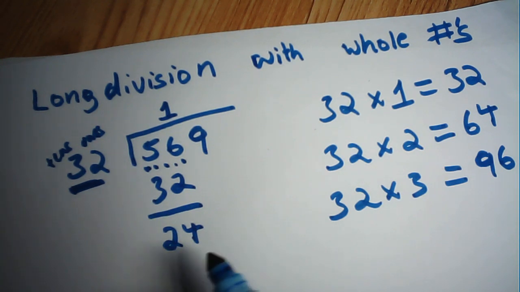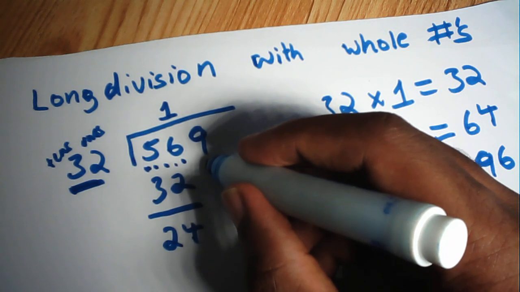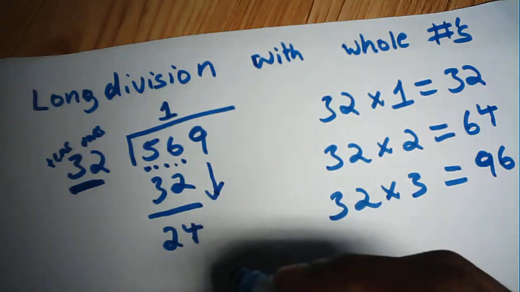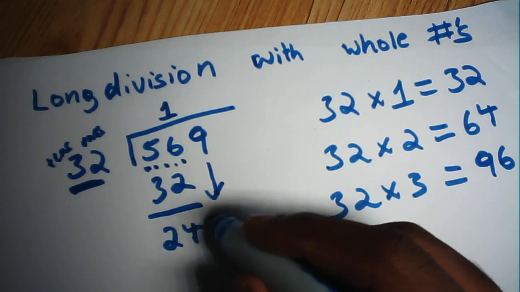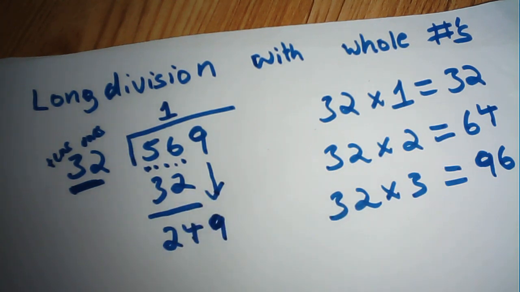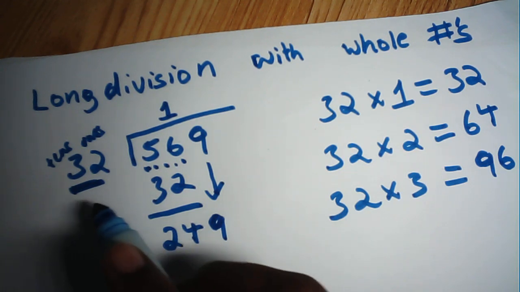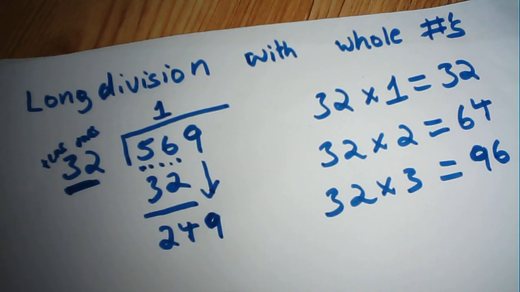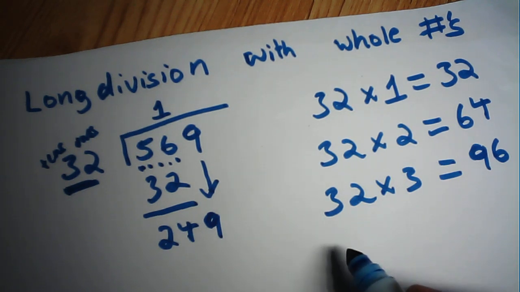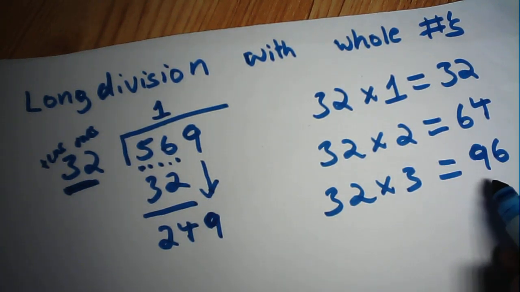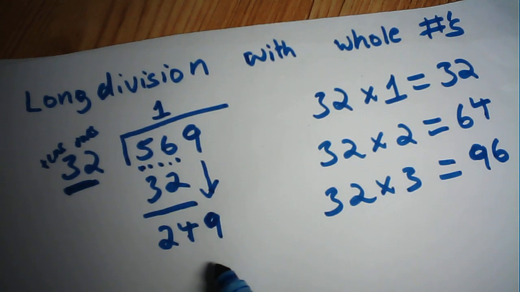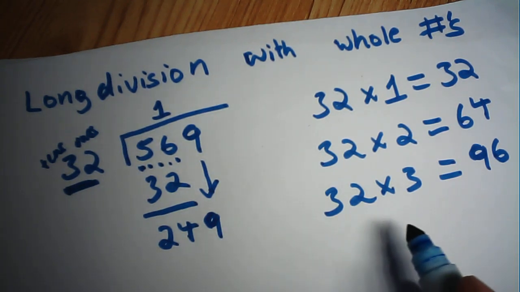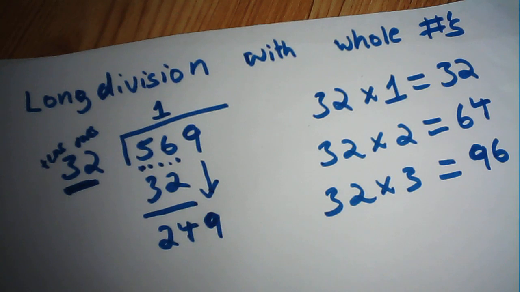So now what I'm going to do is bring down the next number. The next number here would be the 9 here, right? And now when I bring this down, I need to look for a multiple of 32 that would go into 249. Clearly this 249 is way bigger than these numbers that I have here.